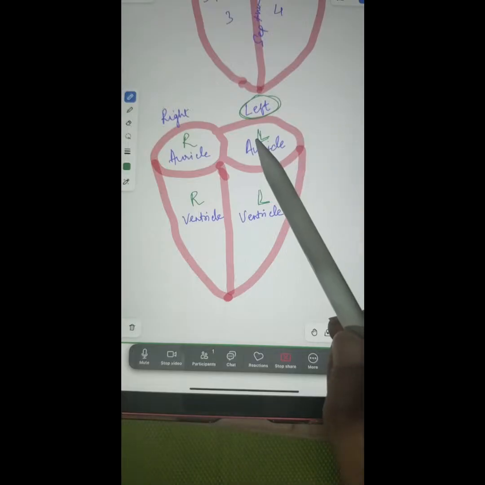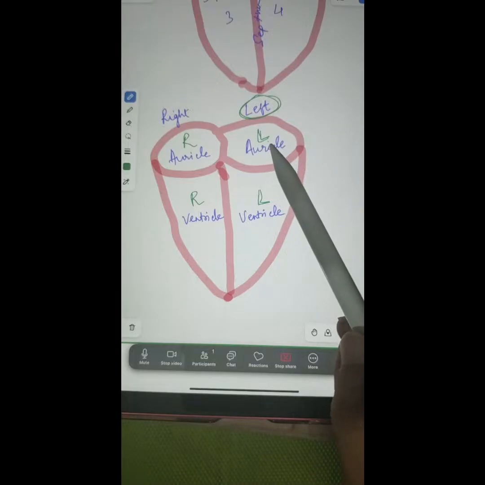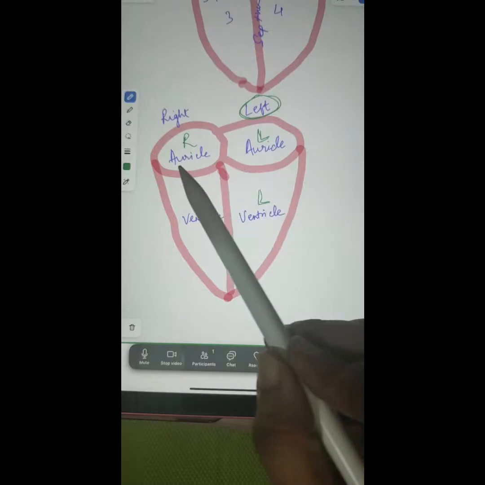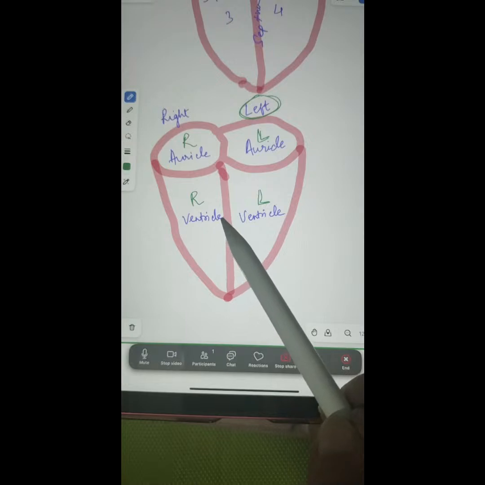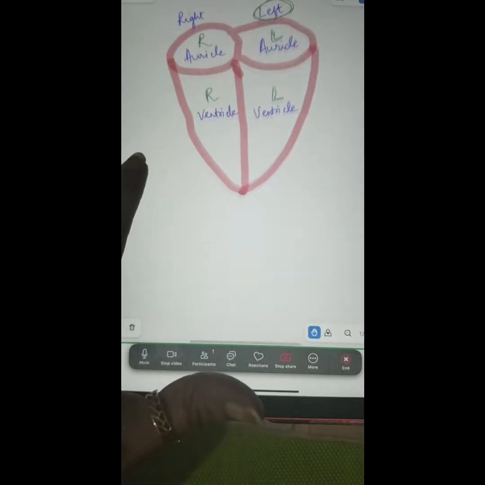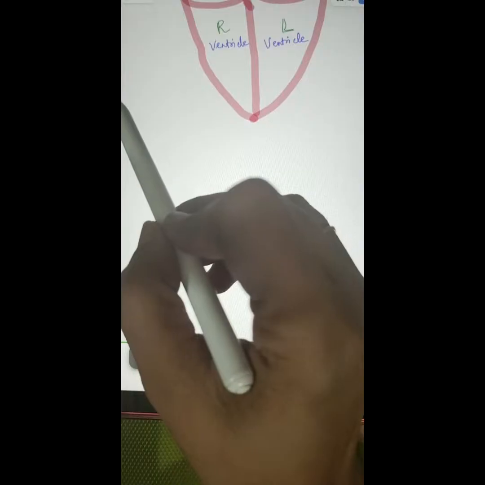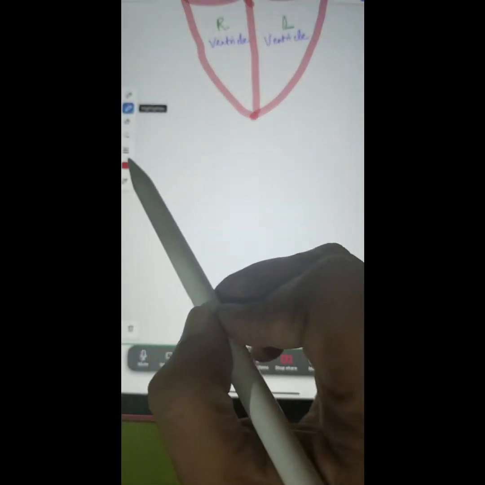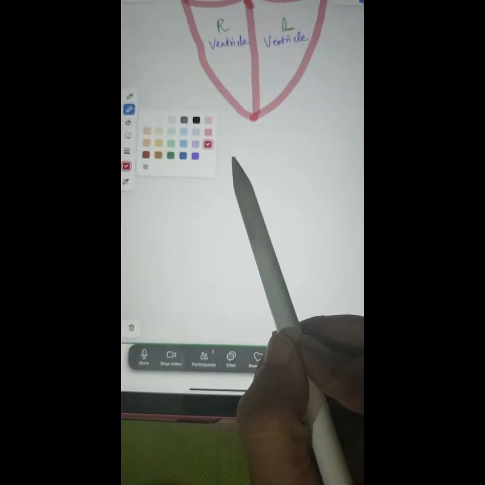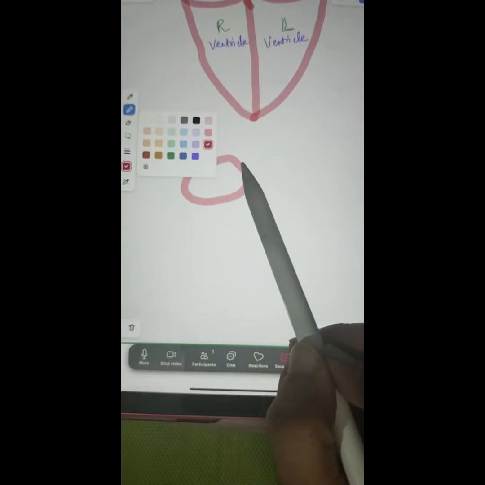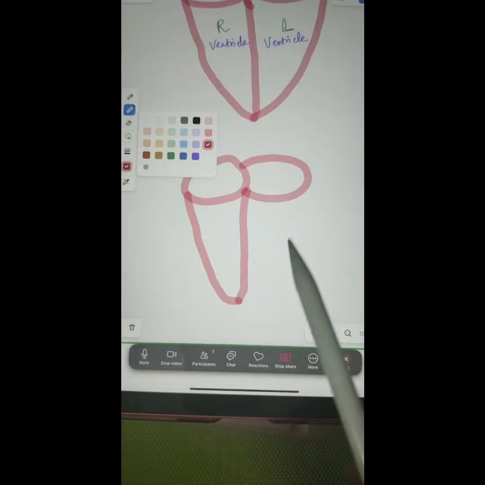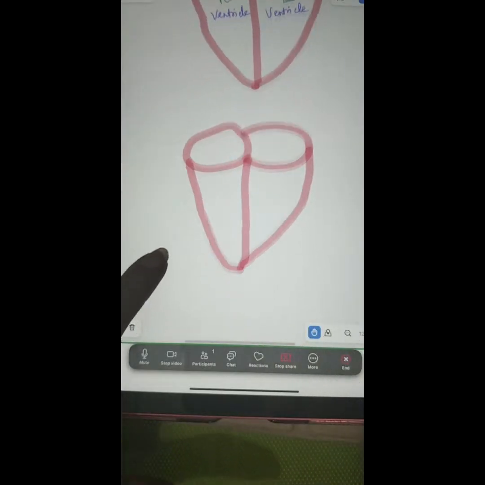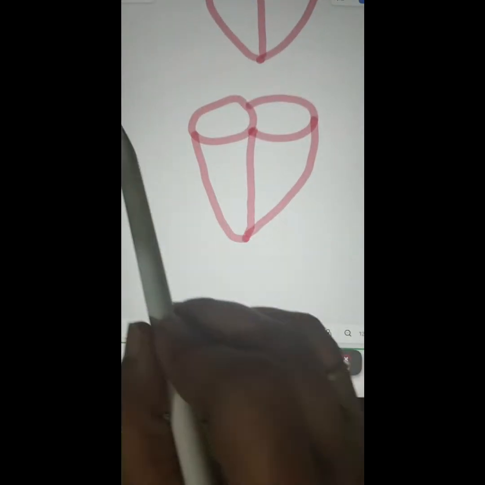And we have the left auricle leading into the left ventricle and the right auricle leading into the right ventricle. After this diagram, we will see another diagram in which we will learn which chamber of the heart has oxygenated blood and which chamber of the heart has deoxygenated blood.